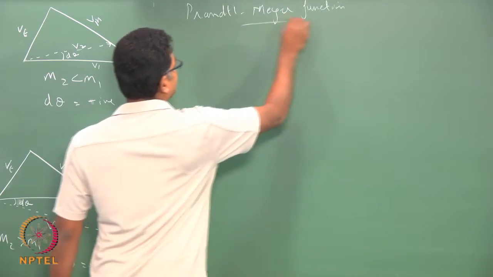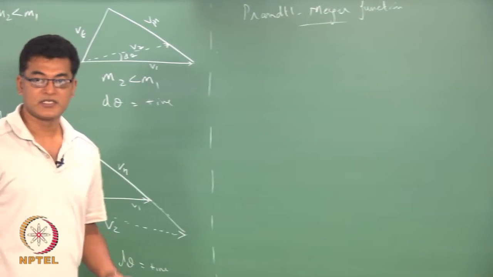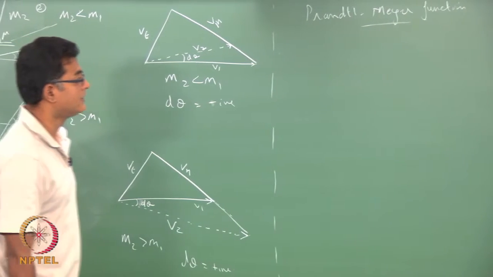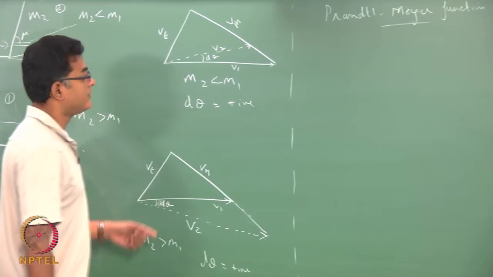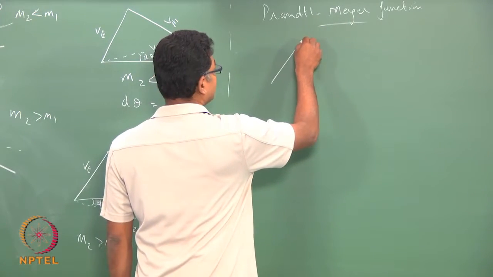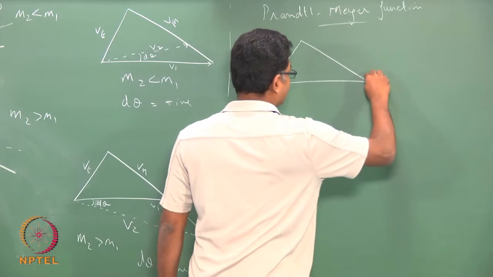So, the difference in Prandtl-Meyer function before and after the wave will give you the turn angle, okay. So, we are going to derive this. We will look at this particular triangle. I will draw that here and then try to deduce what is the Prandtl-Meyer function.